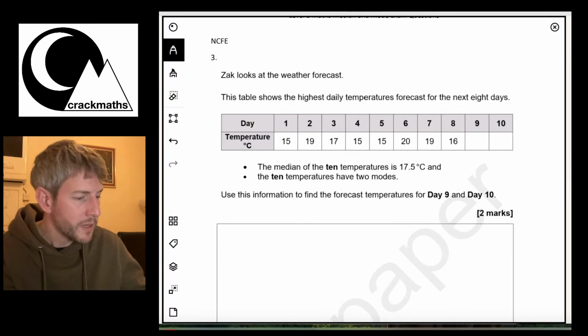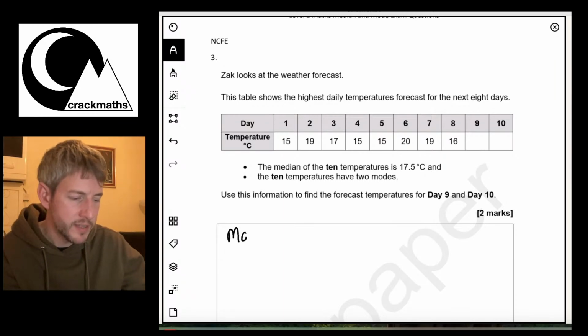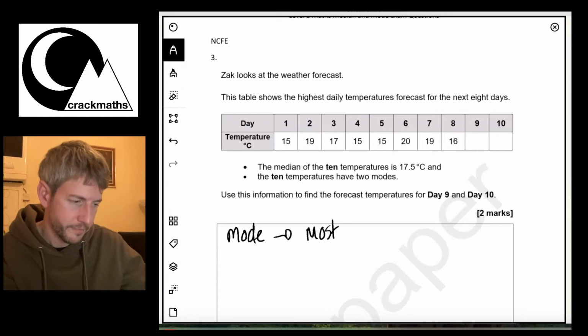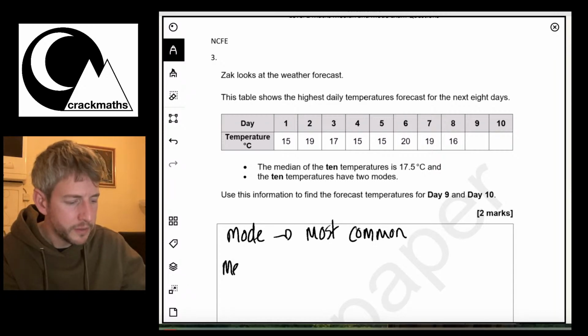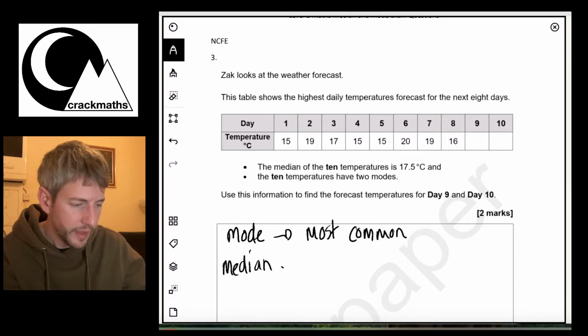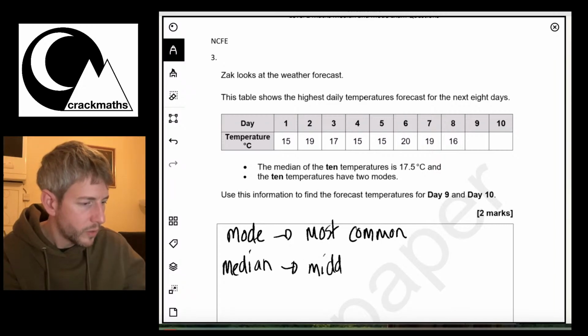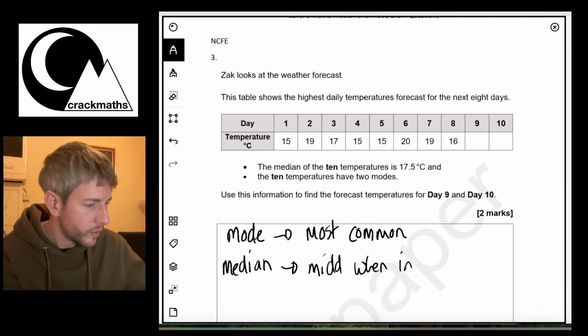So I'm just going to remind ourselves that the mode is the most common and the median is the middle when in order.